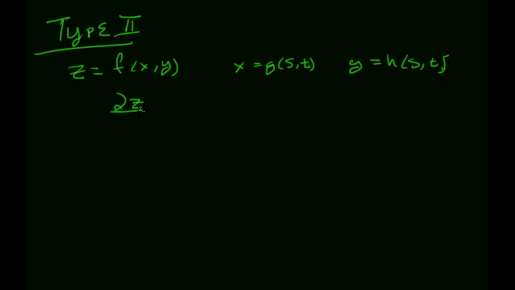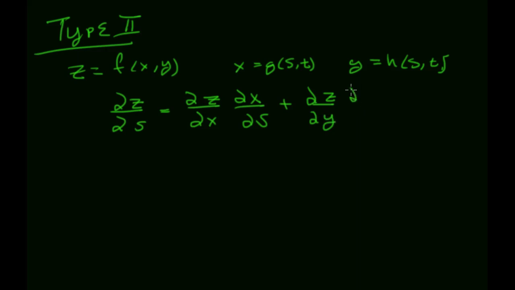We get a partial derivative of z with respect to s, right? And this is going to give me partial z with respect to x times partial x with respect to s, and then partial z with respect to y, and partial y with respect to s. So now all four of the factors here are going to be partial derivatives.